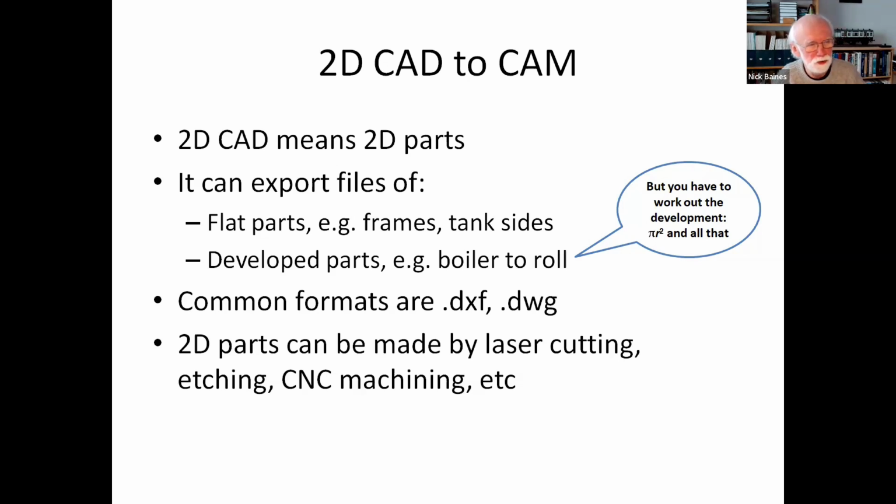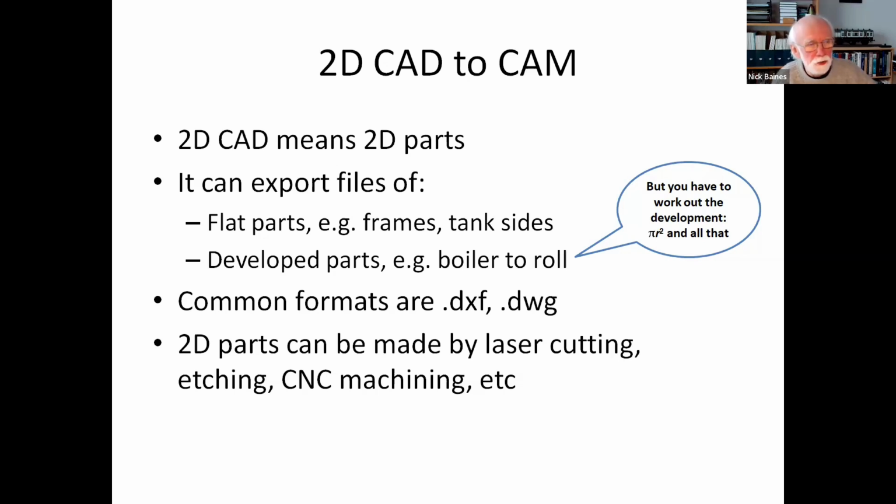So you have to do a bit of arithmetic there. I don't think that 2D CAD really helps you in that process. I stand ready to be corrected, but when I was doing 2D CAD, we always had to do the unrolling process ourselves.